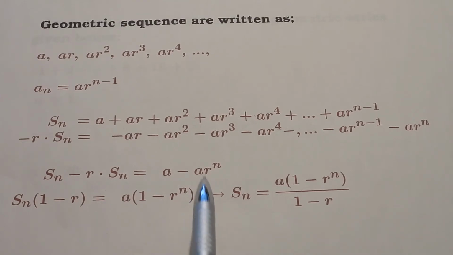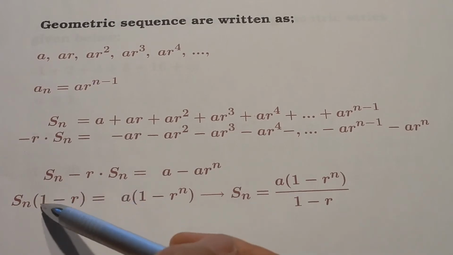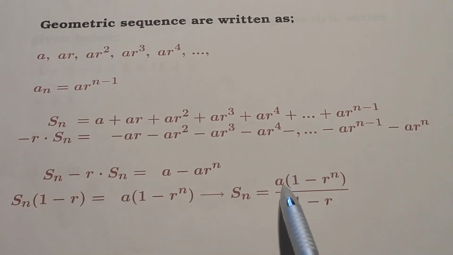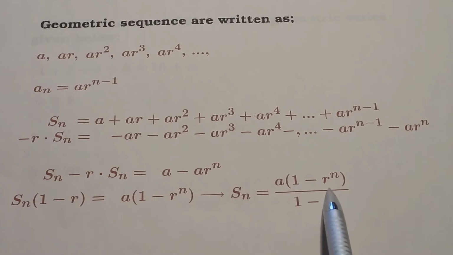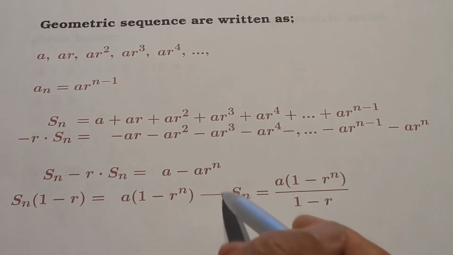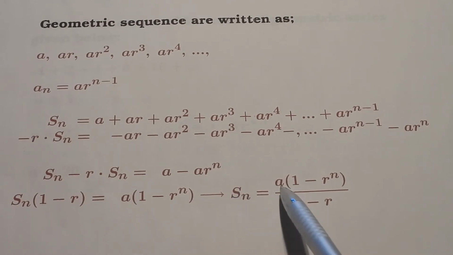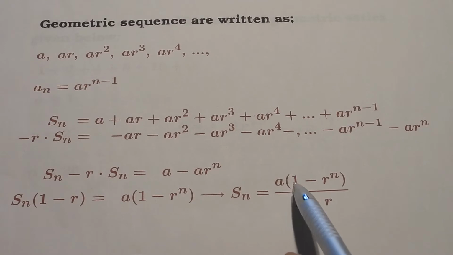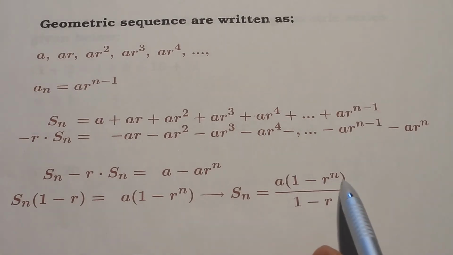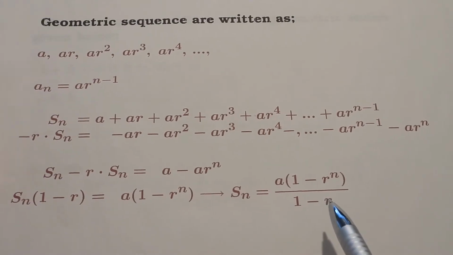And then you divide each side by 1 minus r, then a times (1 minus r to the n) divided by 1 minus r. Okay? So this is a formula, very important. You memorize it. The sum of a geometric sequence is given by the first value times parentheses 1 minus r to the n, close parentheses, over 1 minus r.